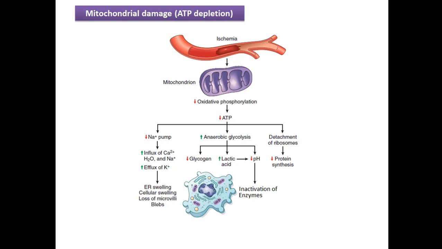And anaerobic glycolysis does provide some sort of ATP and energy to the cell, but it is a short-lived process because it will lead to the depletion of glycogen. Glucose is used and glycogens are depleted. Moreover, during this process, since there is no oxygen, there will be production of the lactic acid. Excess production of the lactic acid reduces the pH and makes the intracellular environment of the cell acidic.